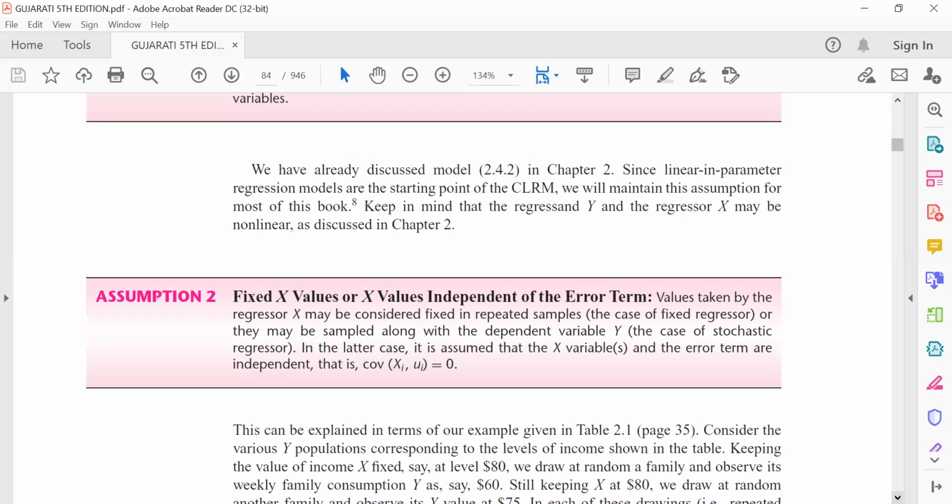The x value must be fixed in repeated samples. There is no correlation between the error term and the independent variable.